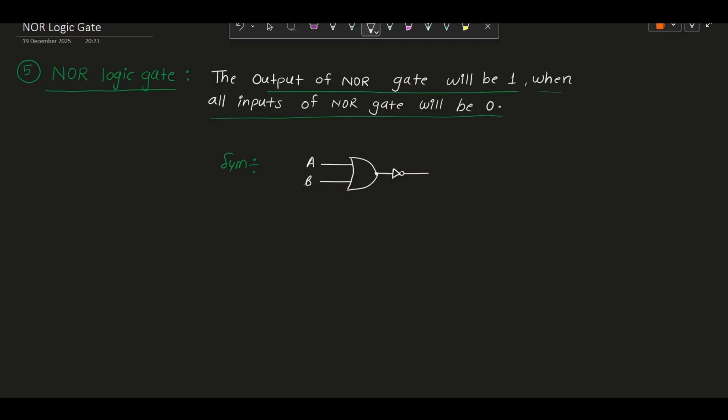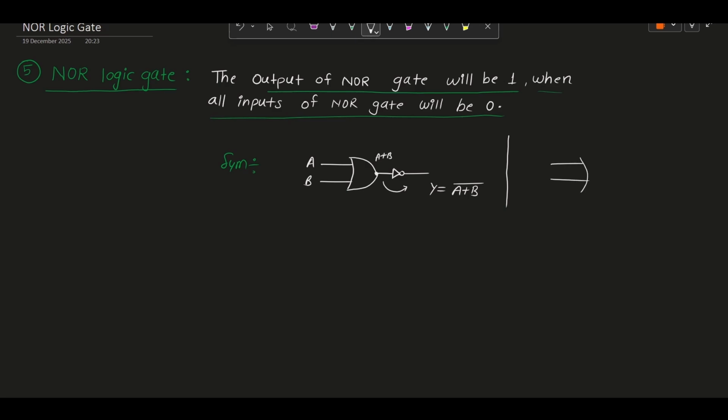Now what will be the output here? Here the output will be A plus B, as we know this is the OR gate. And now after this, the NOT gate is connected. So the final output of the NOR gate will be A plus B, the whole bar. And we can also write this whole symbolic representation in this way also.